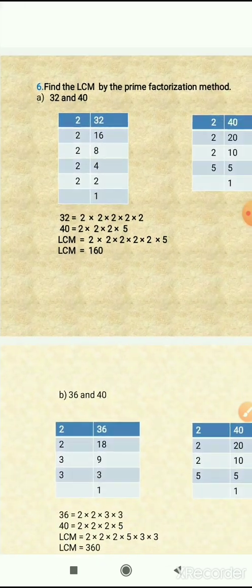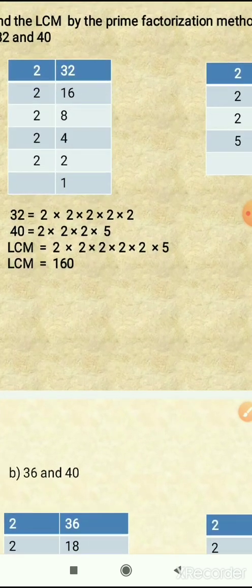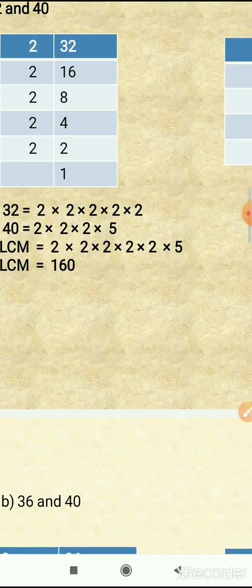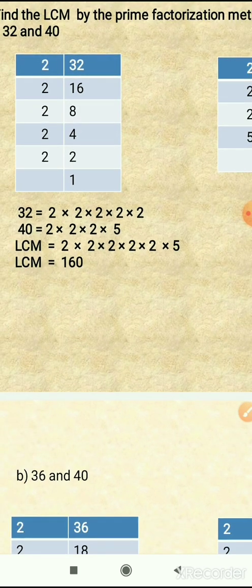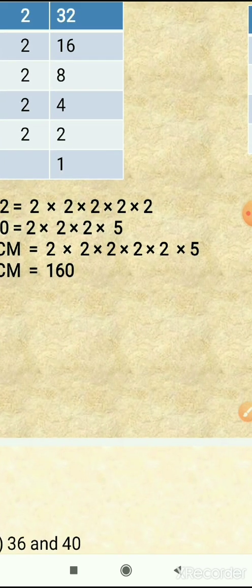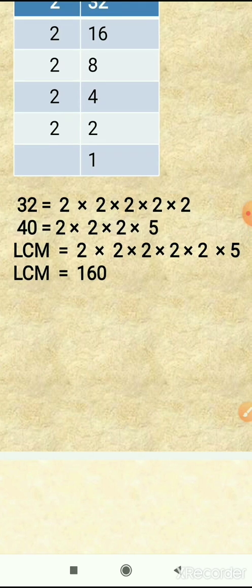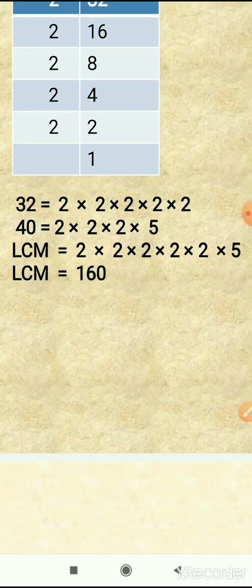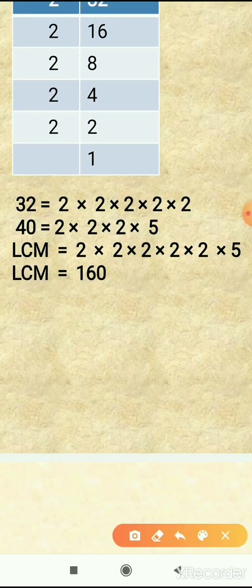Okay, so you have learned LCM means multiplying the common factors and uncommon factors. Multiply common factors and uncommon factors. So first we will find the common factors between 32 and 40.